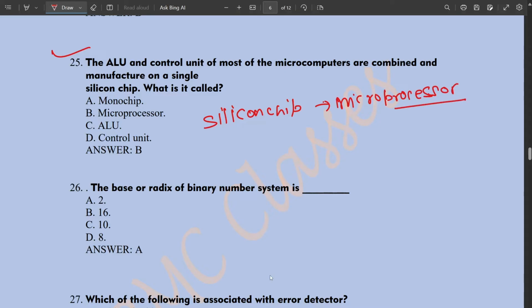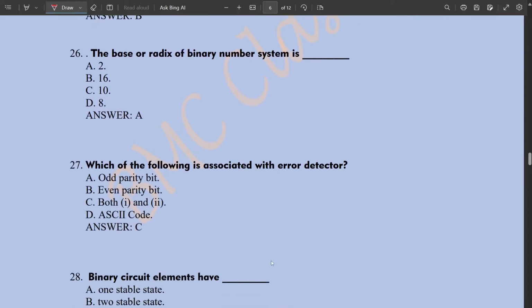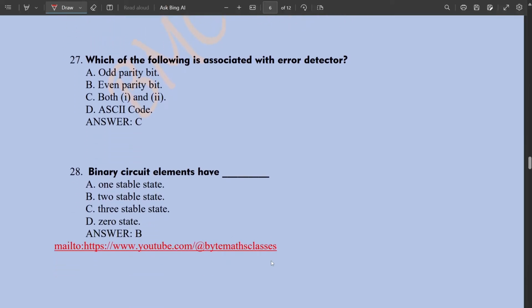Next, the base or radix of the binary number system. This is a very easy question. The base is 2, binary. Option B is correct. Next, which of the following is associated with error detection? A and B are correct. Odd parity bit and even parity bit are both associated with error detection.